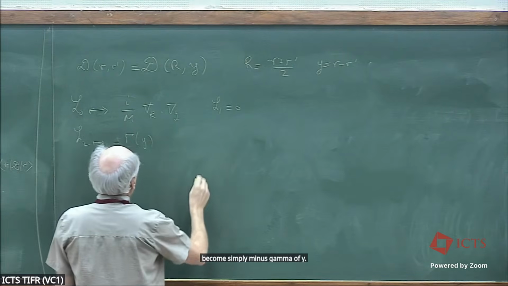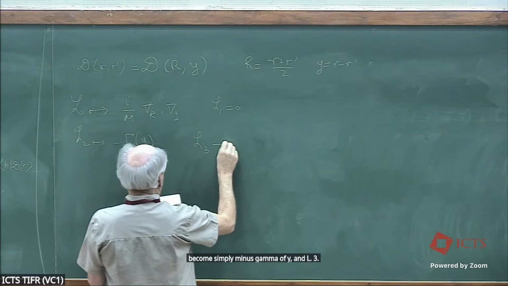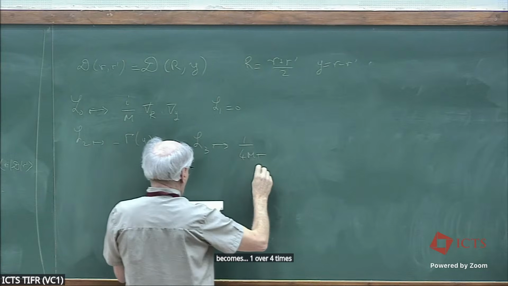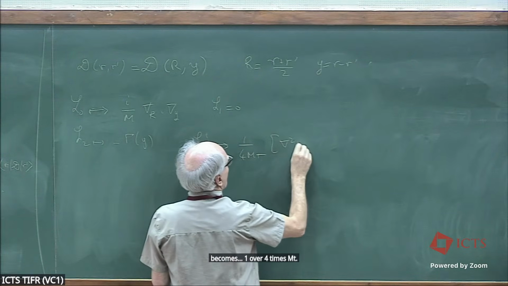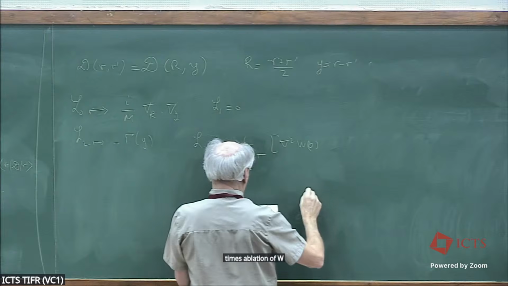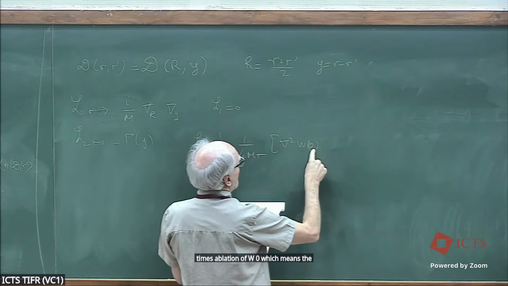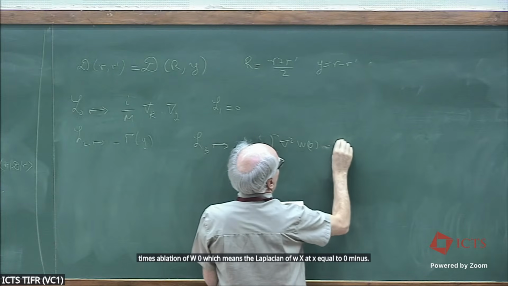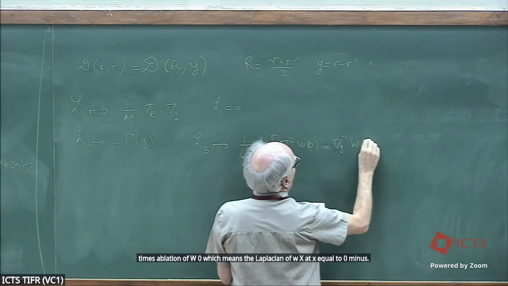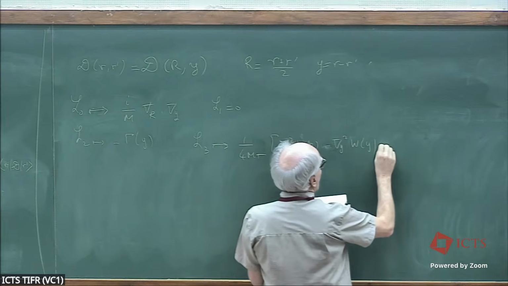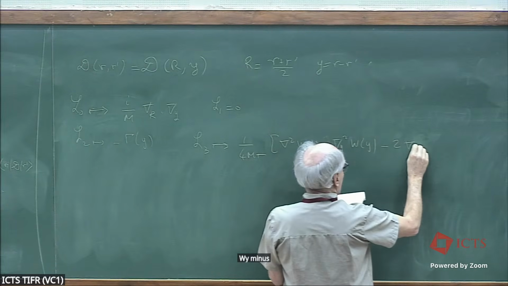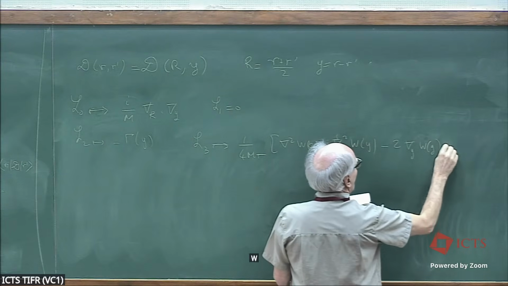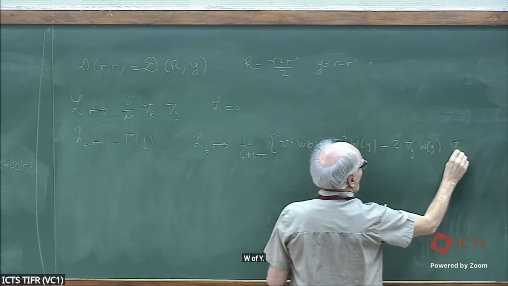And L3 becomes 1 over 4 m times the Laplacian of W of x at x equal to 0, minus W of y, minus 2 gradient y W of y gradient y.